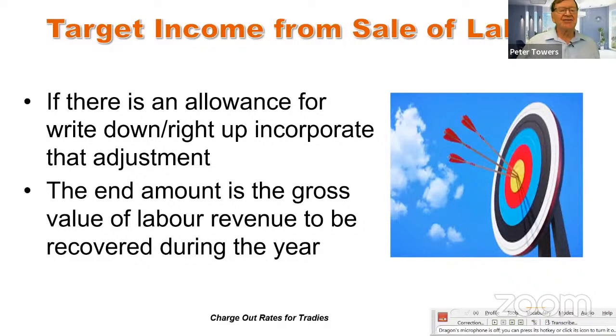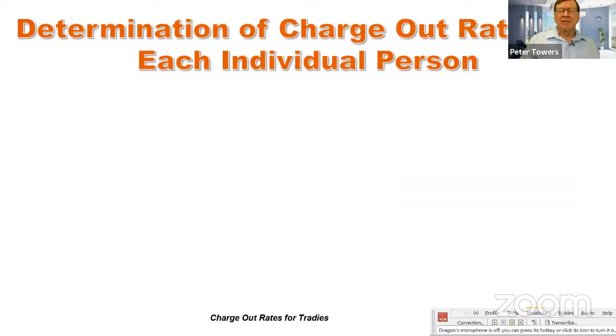The end amount is the amount of gross value of labour in this calculation, $1,190,000, that needs to be recovered during the year. Although I forgot to put in there the overheads, I think. So obviously overhead expenses would probably go into there. So if we had $500,000 of those, we'd be looking at $1,690,000.